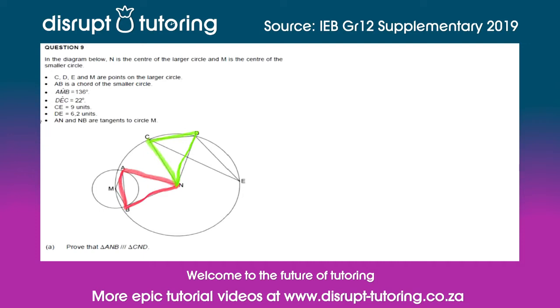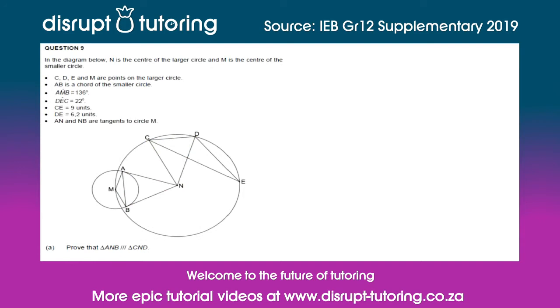So to start off, we'll need to prove it by angle, angle, angle, or RHS, or side, side, side, or side, angle, side. And so using this information, let's see what we can do. Just remove the highlights so it can make things clearer.